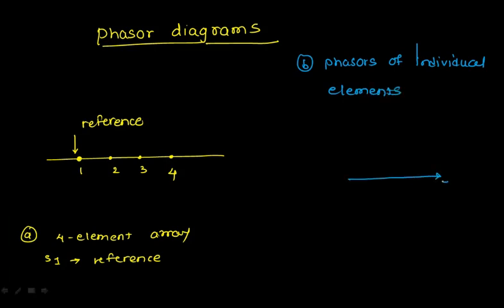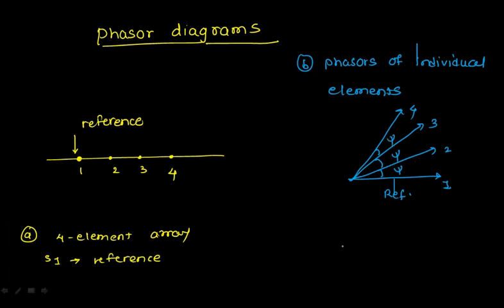And there is a progressive phase shift. If the phase shift between 1 and 2 is psi, then between 1 and 3 will be 2 psi. This is 1, this is 2, this is 3, and this is 4. So between 1 and 2 it is psi, between 1 and 3 it is 2 psi, and between 2 and 3 it is psi.